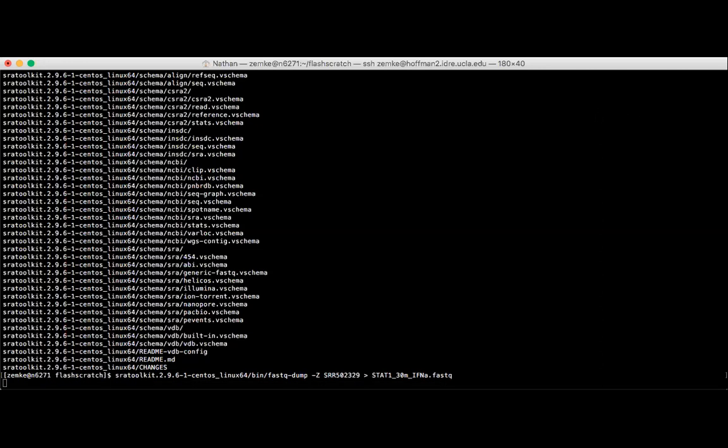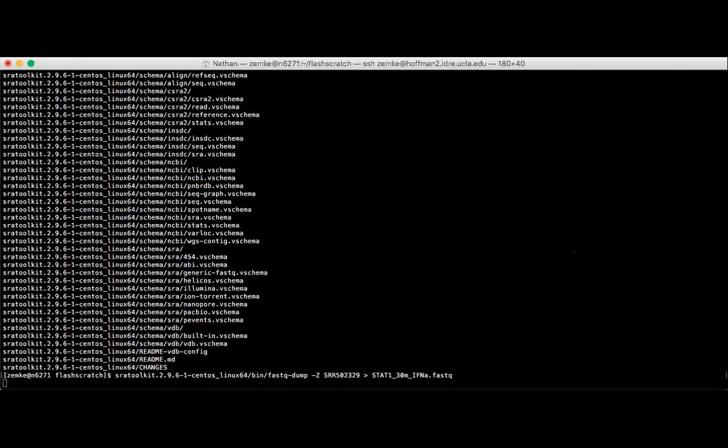If you're still waiting for the interactive session, just open up a new tab in Terminal with Command T and log in, and this time skip the request for an interactive session, go into your flash scratch folder, download the SRA toolkit, and start downloading the FASTQ file.